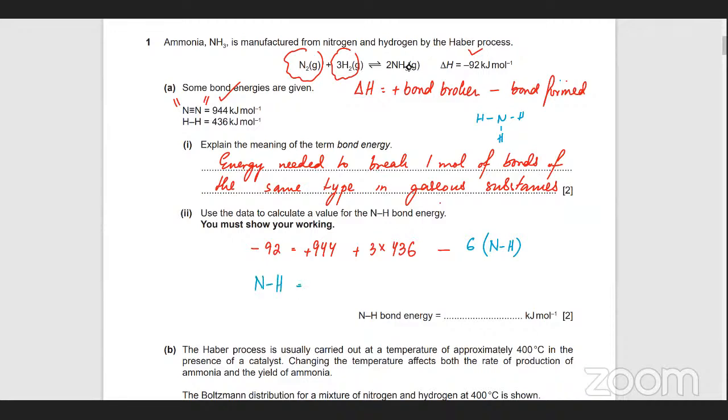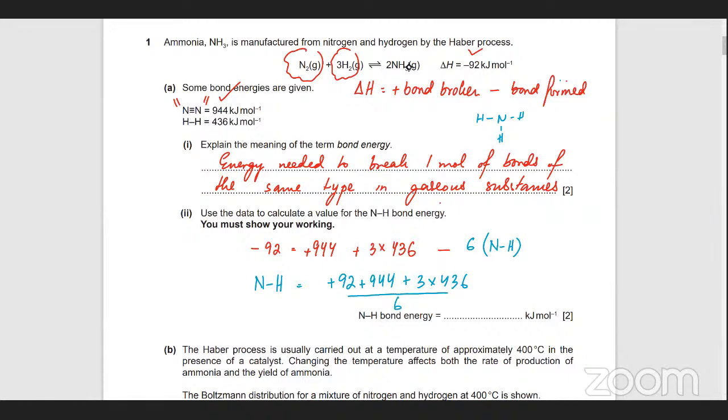It's going to be minus 92 minus 944 minus 3 times 436. Okay, 3 times 436. The whole thing would become positive, and then you're going to divide by 6.